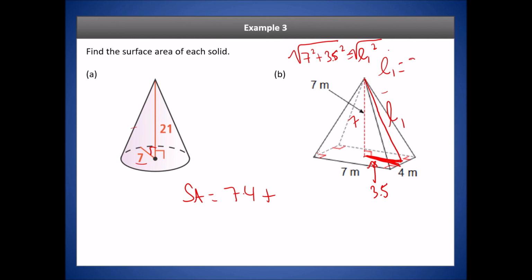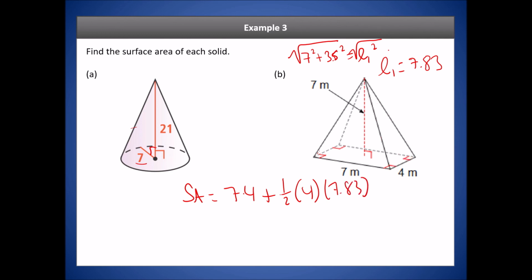You get 7.83. All right, so now we got the slant height there. So that's 7.83. So now the area of this triangle, the one on the right, is 1/2 times base, which is 4, times the slant height, which is 7.83.